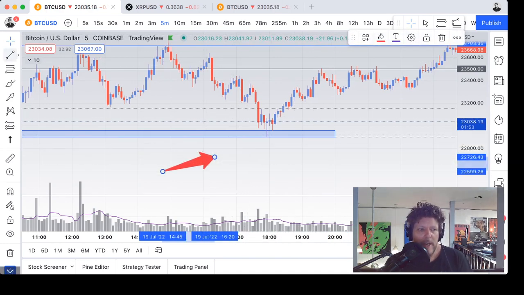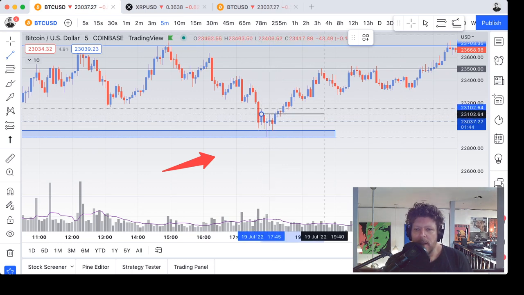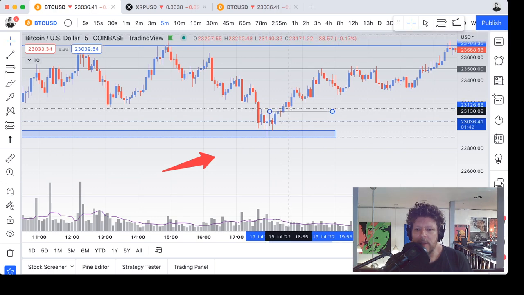So I might place my trade, let's see, probably on the break of this right here. So I'd find that support zone.